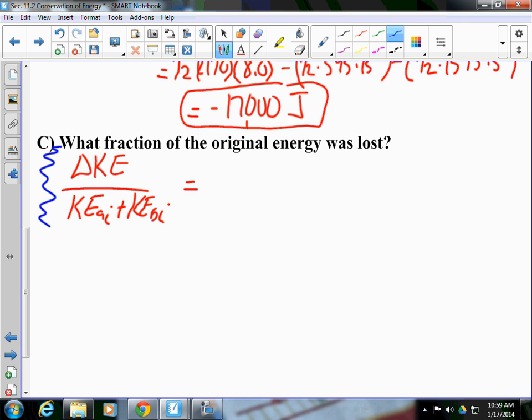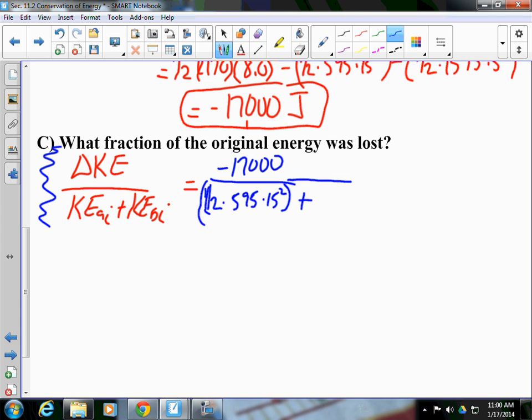So when you do that, our change in kinetic energy we figured out was negative 17,000 divided by the initial kinetic energy of A, which is 1 half times 595 times 15 squared. That's the Corolla.